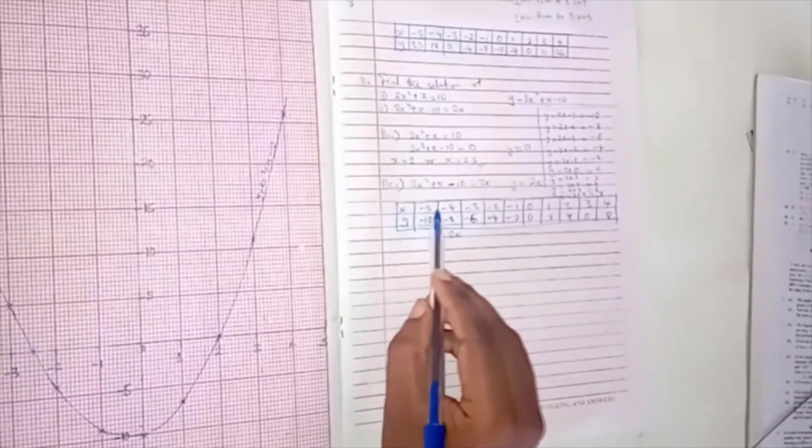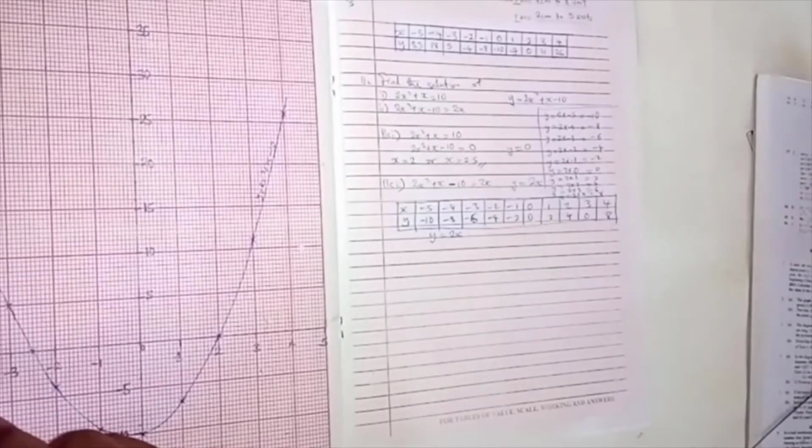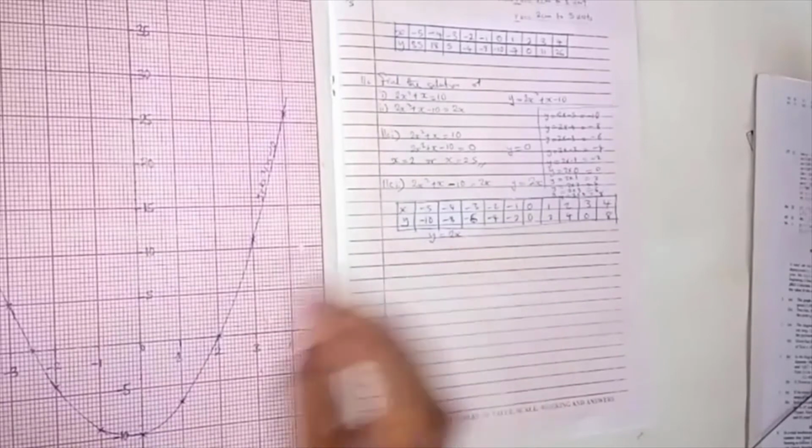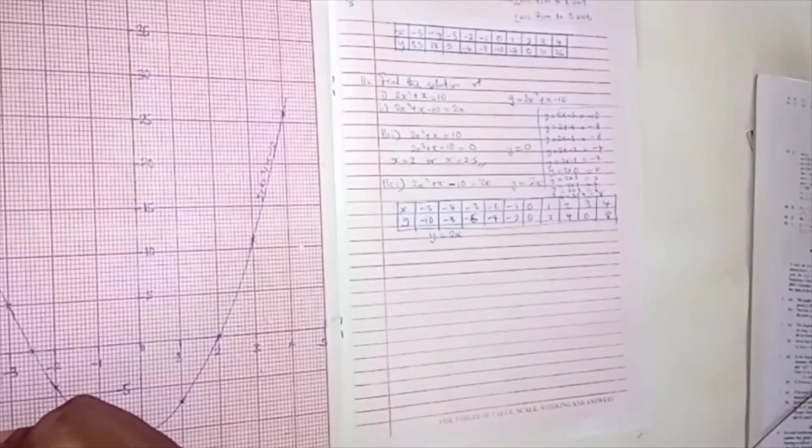When x is minus 5, y is minus 10. Okay, so we're going to have something here. When x is minus 4, y is minus 8. So we're going to have 8 somewhere here.